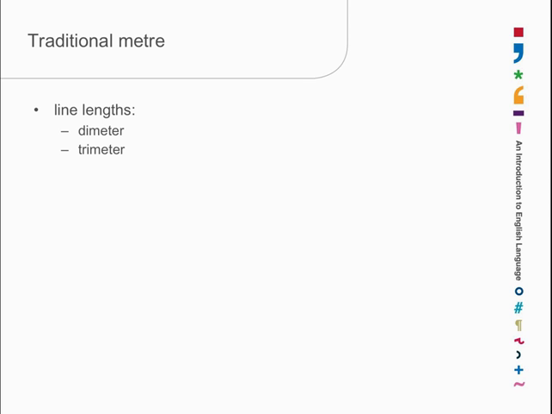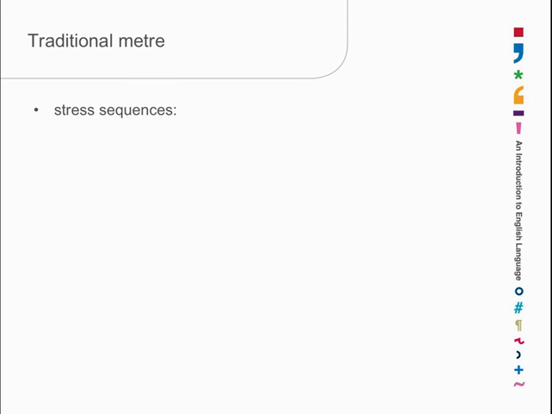No prizes for guessing, if there are three it'll be trimeter, and tetrameter and pentameter and hexameter, and after that we get heptameter and octameter and nonameter and decameter and so on. But in Western poetry, hexameter is about as far as it goes. Traditional Greek oral poetry is in hexameters.